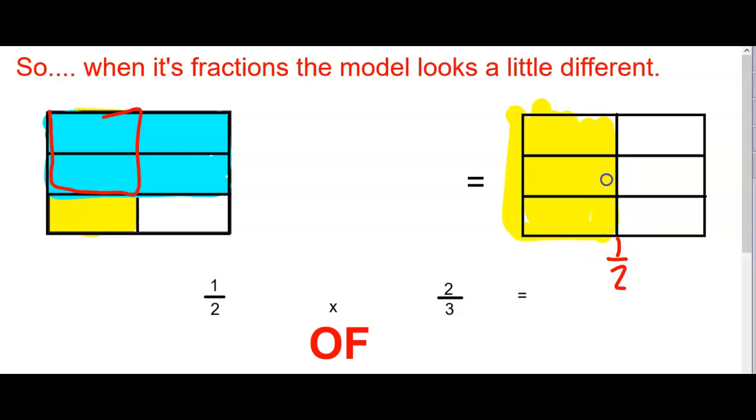So I'm shading in 1 out of 2 yellow, and then I'm going to shade 2/3 this way, 2 out of 3, and then the green is my answer. So when I find out what half of 2/3 is, it's this section right here, which is 2 out of 6. So half of 2/3 is going to be 2/6.